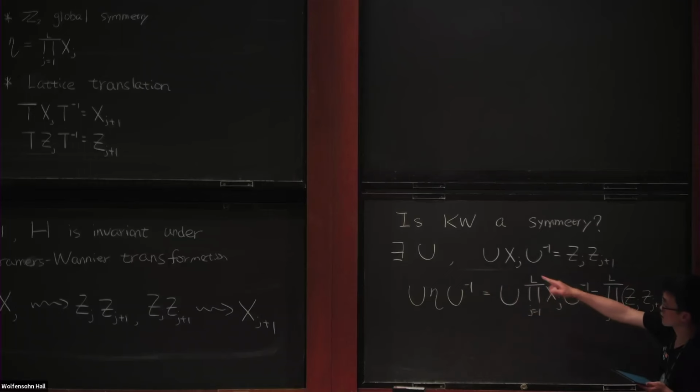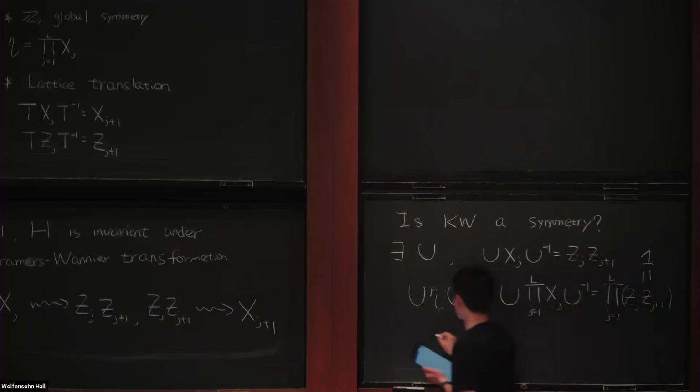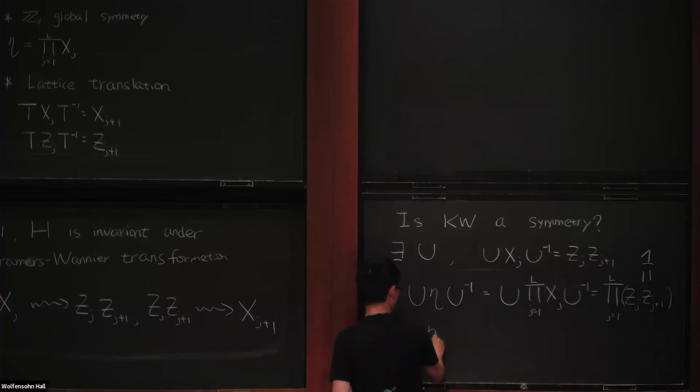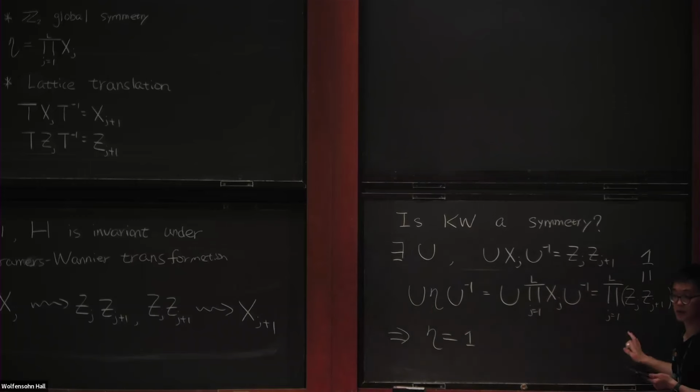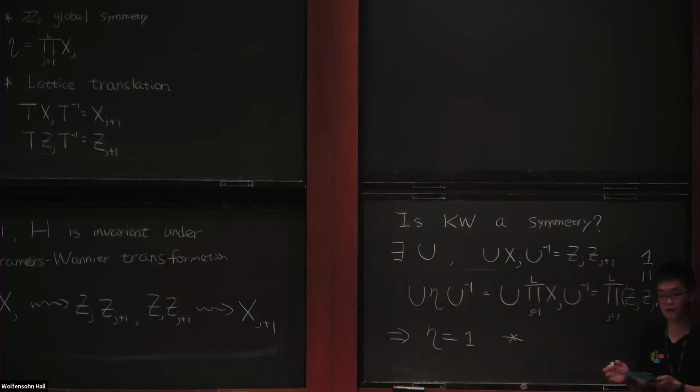But since we are on a closed periodic chain, each Z_j appears exactly twice. So when you take the product, this becomes just 1. But that implies your eta is the identity operator, which cannot possibly be true. Eta is the defining symmetry that acts non-trivially on your 2 to the L dimensional Hilbert space. So we ran into a contradiction by assuming there were a unitary operator that implements the Kramers-Wannier transformation.